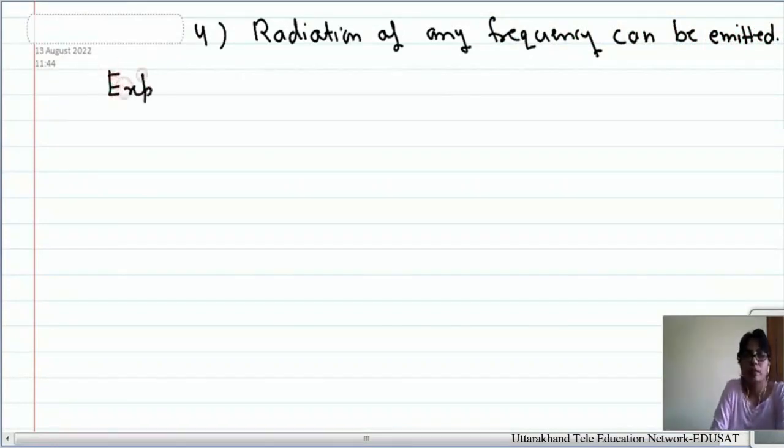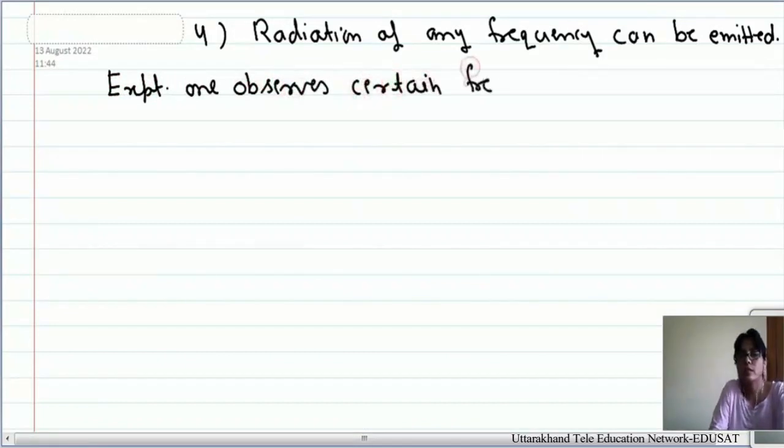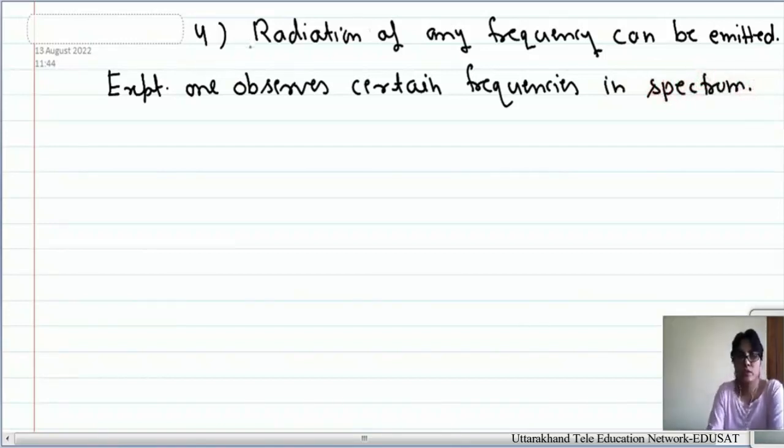Experimentally one observes certain fixed frequencies in the spectrum. So this point could also not be explained by the Rutherford model, why we are observing only certain frequencies in the spectrum. According to the Rutherford model, any frequency can be emitted by the atom.